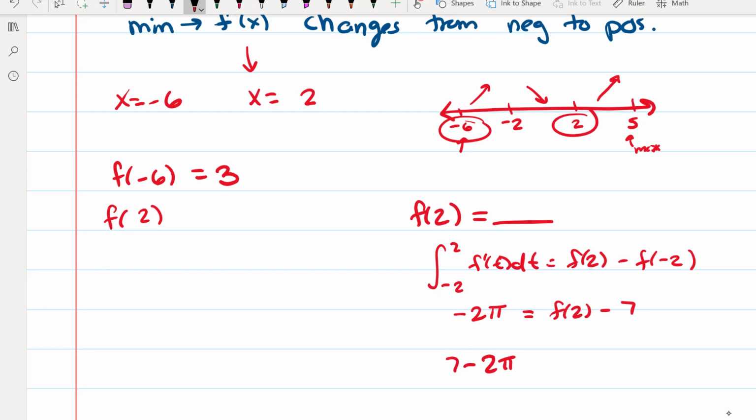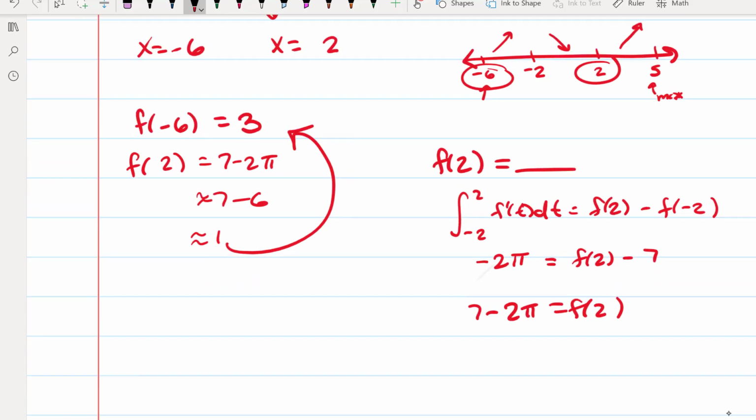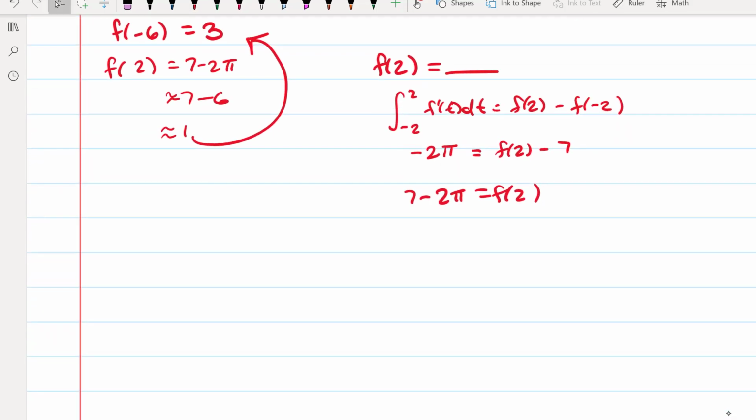So it's 7 minus 2 pi is equal to f of 2. And 2 pi is about 6. So this is about 1, which is definitely smaller than 3. So then we have the absolute minimum is 7 minus 2 pi at x equals 2.